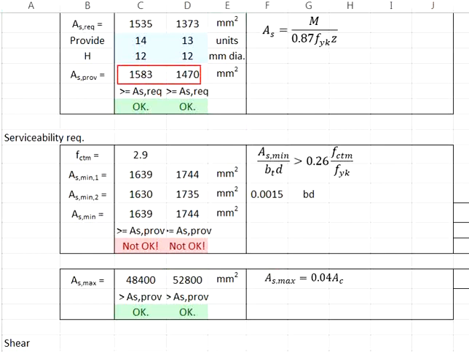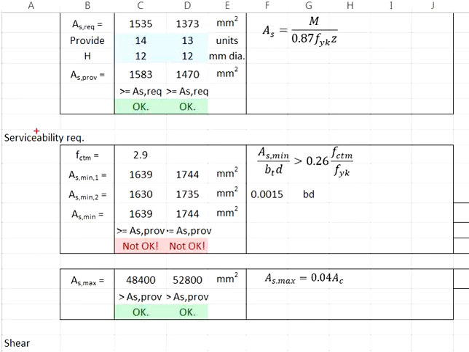Check the amounts of reinforcement bar provided not exceeding the As maximum, and the outcomes end up to be quite okay. You know that the pad footing is not over reinforced.